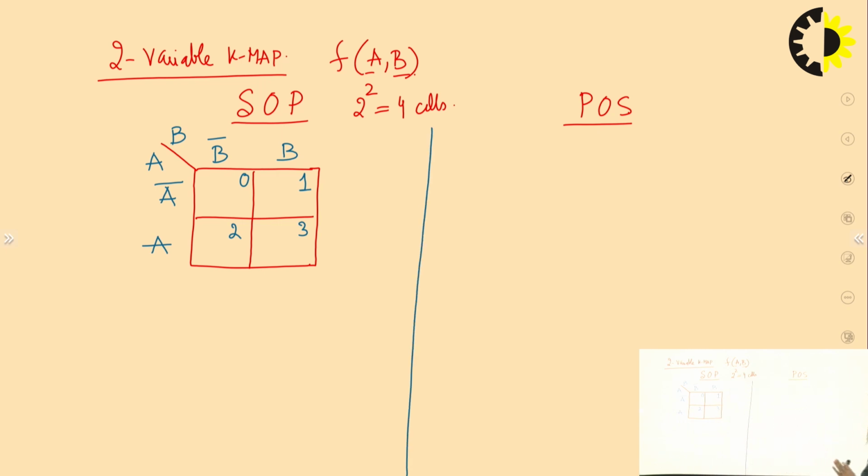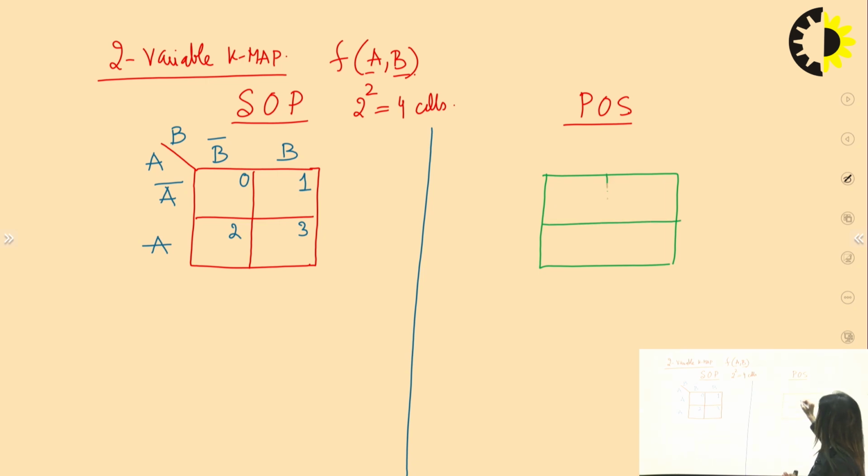In a similar manner, I will draw for the POS. Again, if the product of sum is given, I will make this K-map.